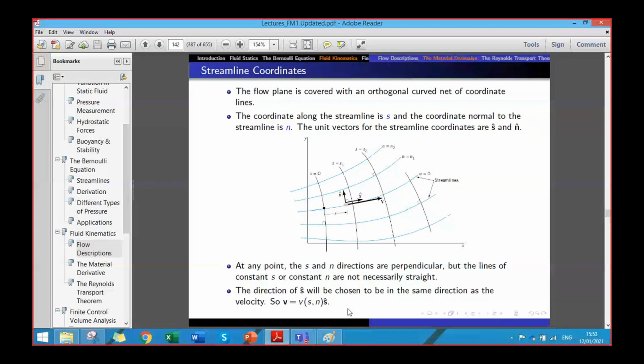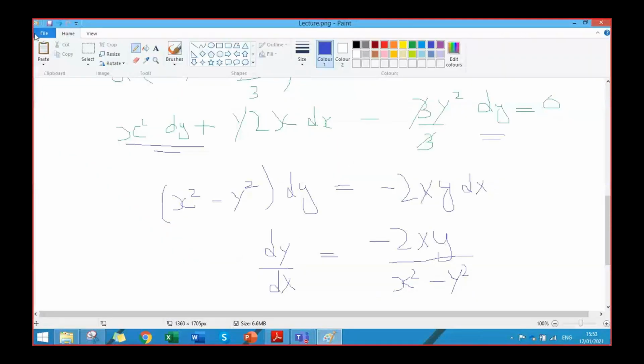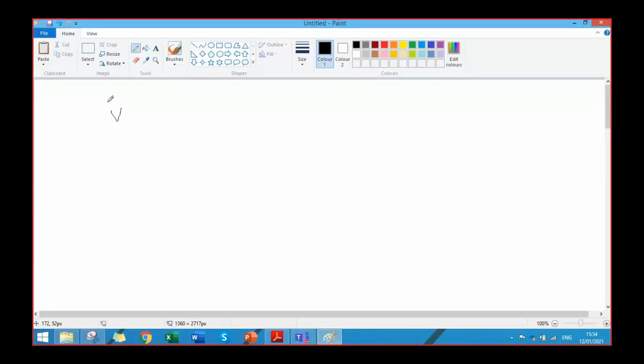So the velocity vector along the streamline, let me explain it here. We know that the velocity vector will have two components. One is this component, V, a function of s and n, and this is the component along the streamline, along the unit vector of the streamline.